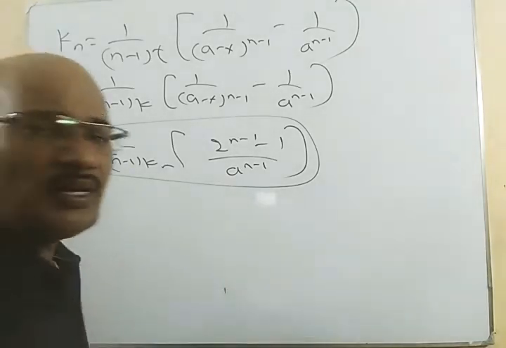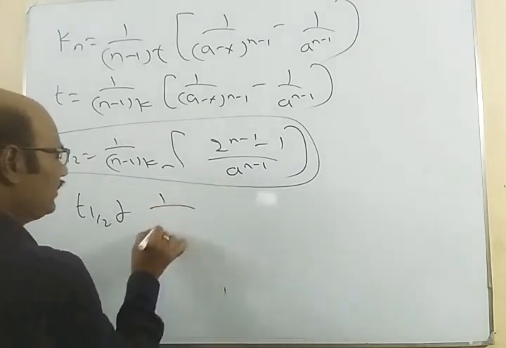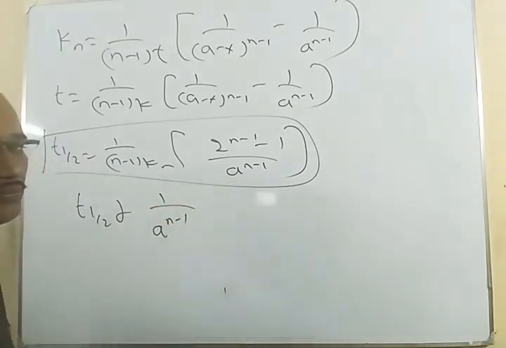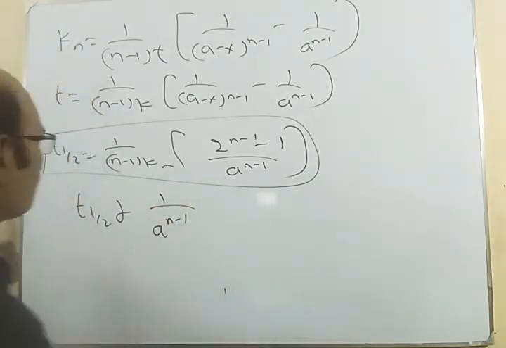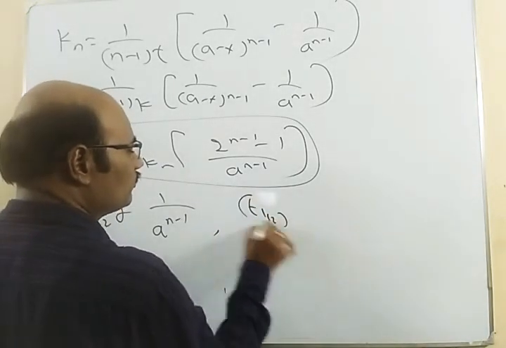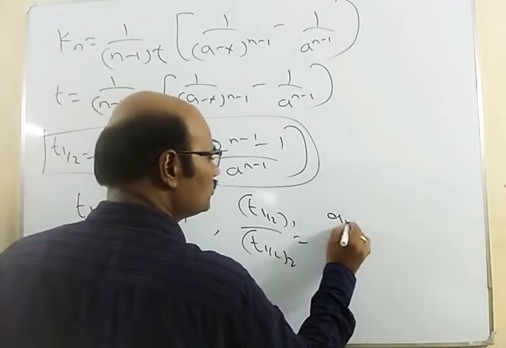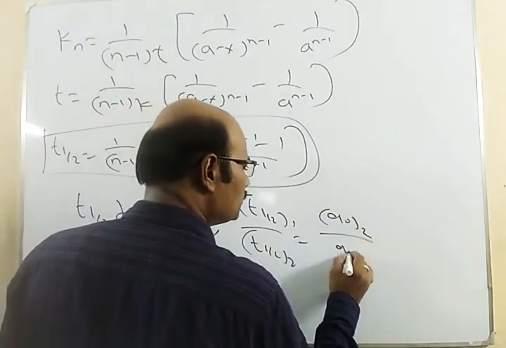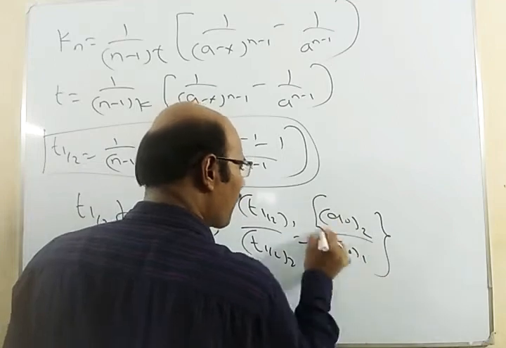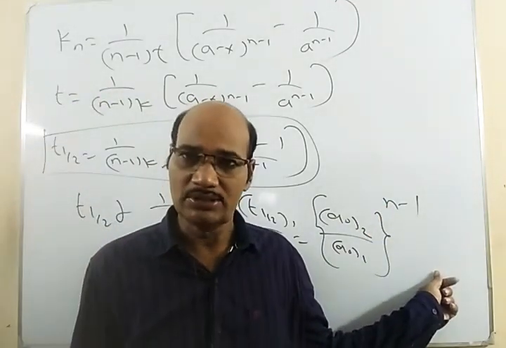And accordingly, we have seen that t half is proportional to 1 by a power n minus 1. Also, we obtained an expression that t half 1 by t half 2 is equal to a0 2 by a0 1 power n minus 1, where n is the order of the reaction.